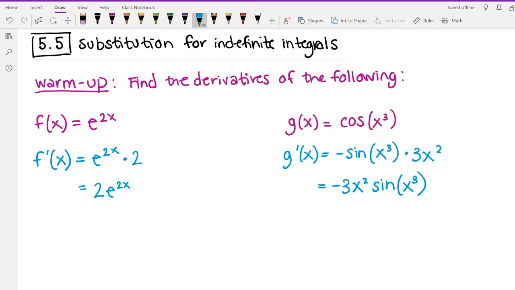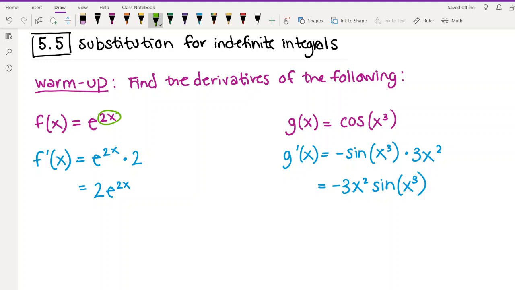So I want to point out one difference between these two, because this is something we'll see come up when we get into our integration method. Notice that in this case the chain rule didn't give us an extra x, it just gave us an extra number, right? The reason that happened is because if we look at this function as a composite function, our inside function was only a constant times x.